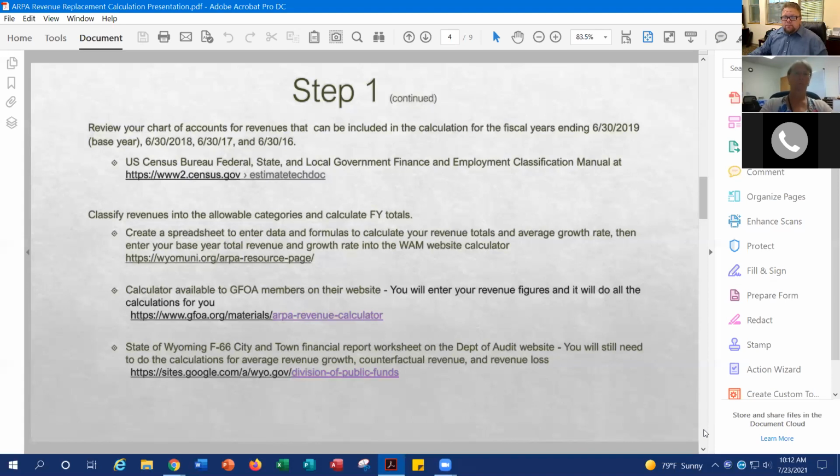So you can look at the revenue codes on the F66 report and compare them to your U.S. Census Bureau report and determine which ones you will include. Even if you don't actually file the F66, you can still download that worksheet from the Division of Public Funds website, and that will at least get you started with classifying your revenue. So that's another easy way to do it.